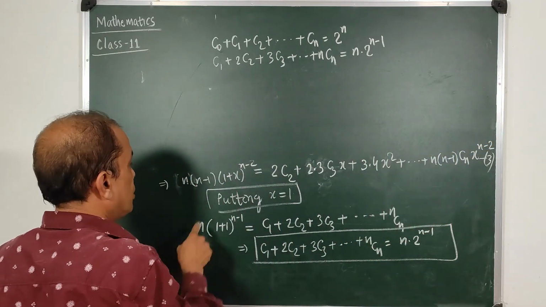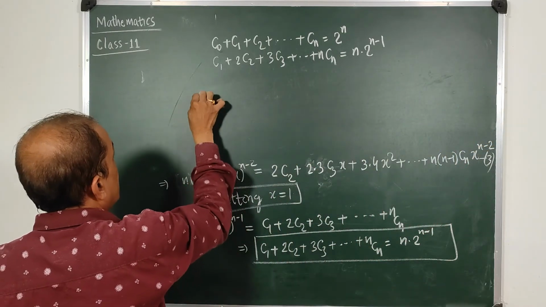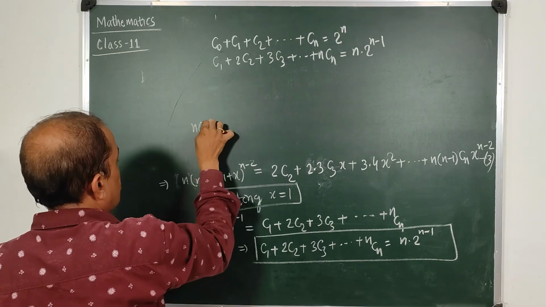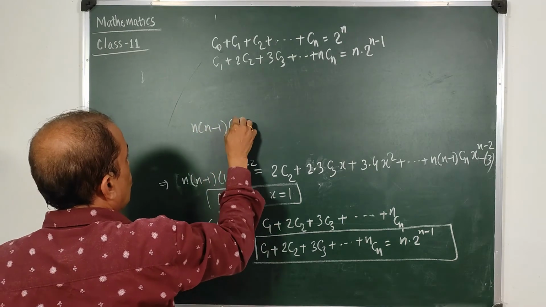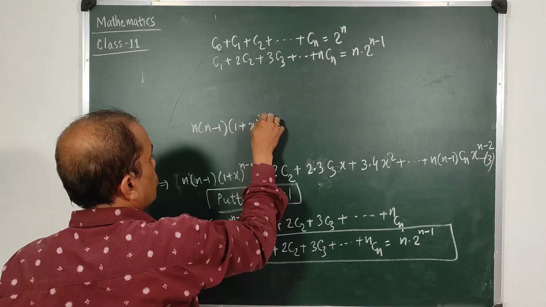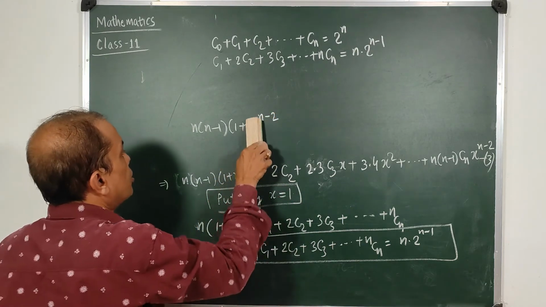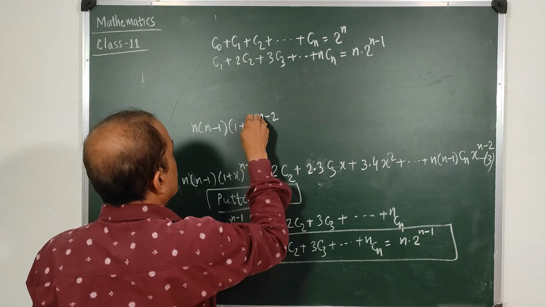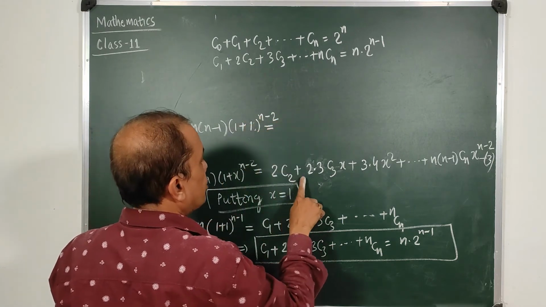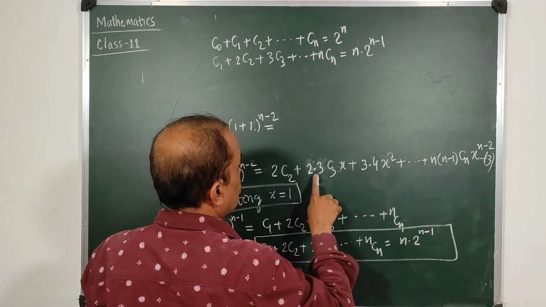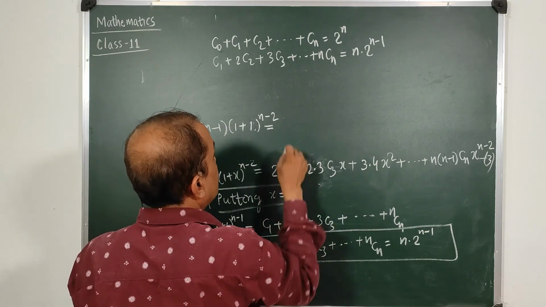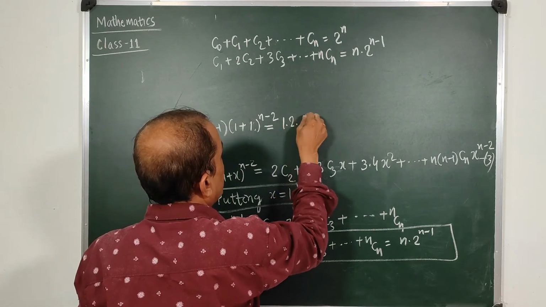In the last one I have n into (n-1) into (1 + x)^(n-2) on the left side. If I put x equal to 1 again, on the right side I do not have an x anymore. I will get 2C2, which can be written as 1 into 2C2.